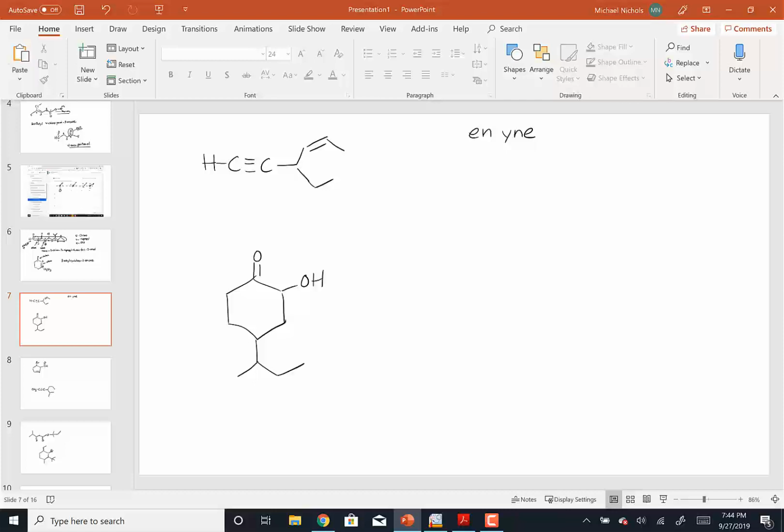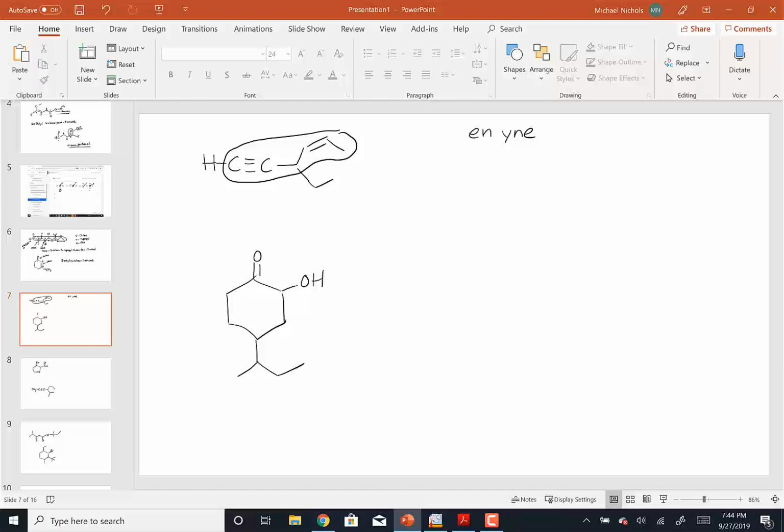But the rules that IUPAC came up with said that we first of all need to find the longest continuous carbon chain that contains the double and triple bond. And we're going to number from the end closest to whichever bond is closest to the end. So there's no preference given over triple or double bond, whichever one is closest to the end.